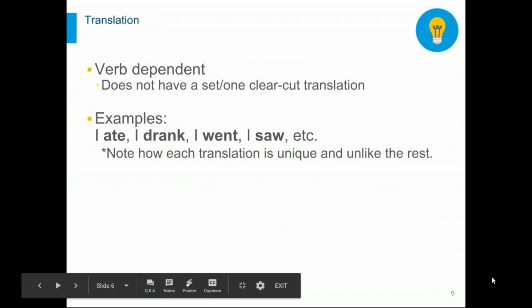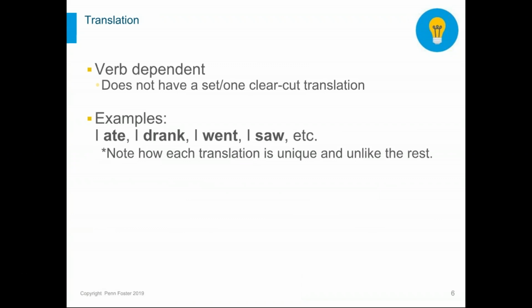Okay, so here we're going to discuss the translation, the way that the preterite tense sounds from Spanish to English. And it's all very verb dependent. There is not one set or clear-cut translation. It all depends on the verbs, as you can see in the examples here. They all look and sound unique and unlike the rest shown.